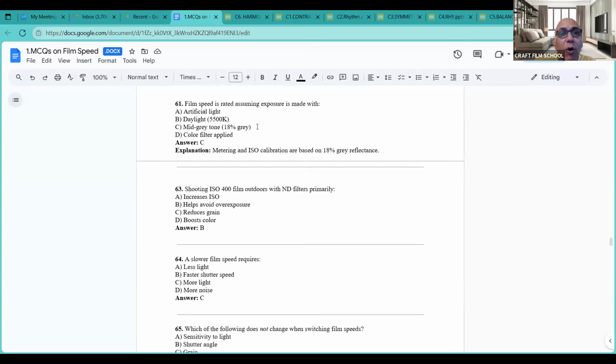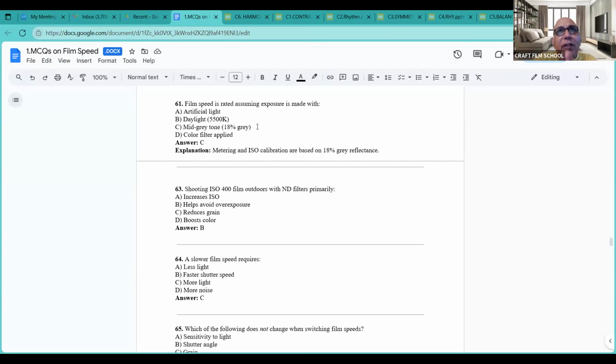All the meters built inside DSLR or SLR cameras are graded with the 18% gray chart. If you take an incident reading, suppose the incident reading is 100 foot-candle, and if you measure with the spot meter, the reading would be the same.